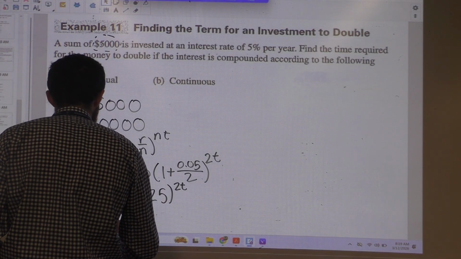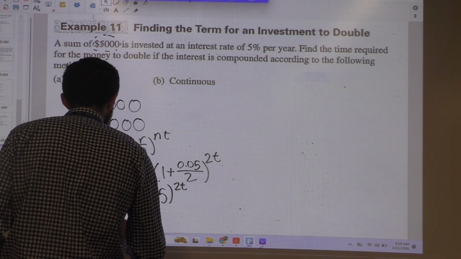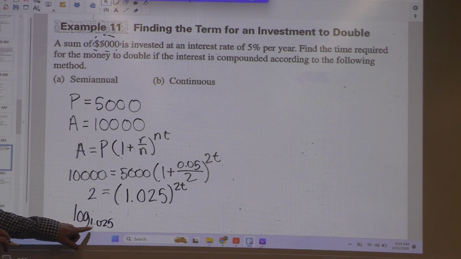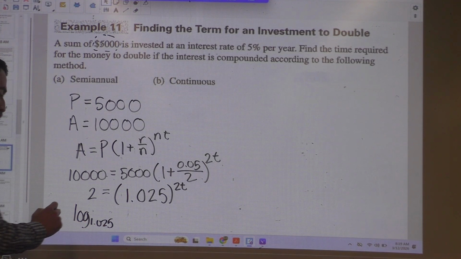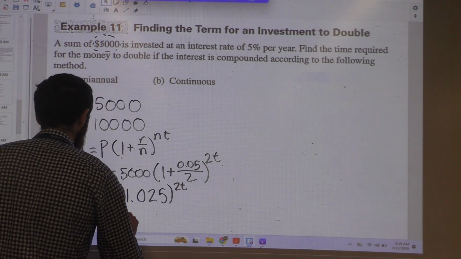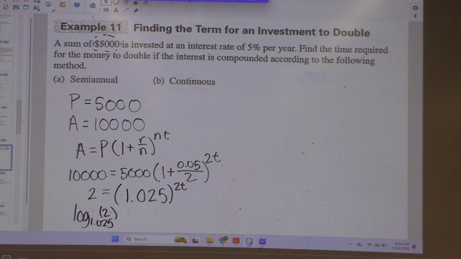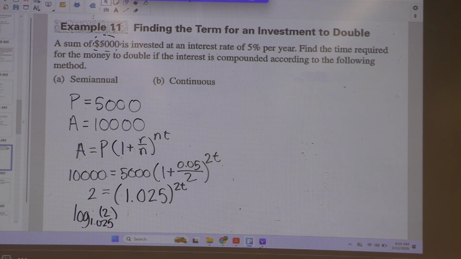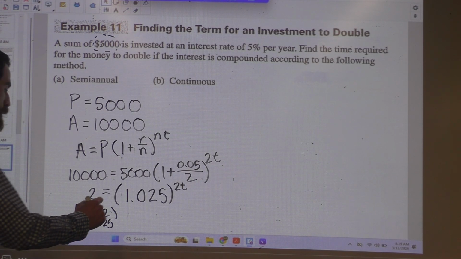So something we have not needed to do yet, and why you have that function on your calculator, is log base 1.025 of 2. We would not say to the 2 power. This number is too long to write neatly, but keep in mind that that's the base underneath. I'm using parentheses to differentiate. It is not an exponent of 1.025. Again, we'd read this out loud as log base 1.025 of 2.